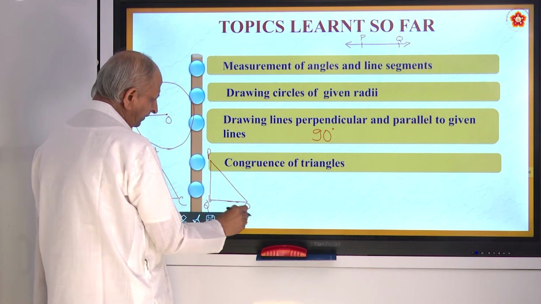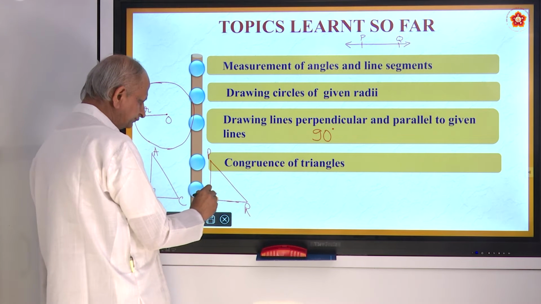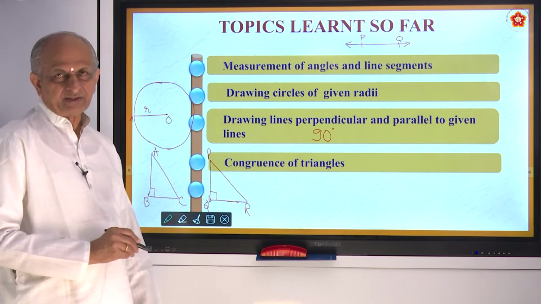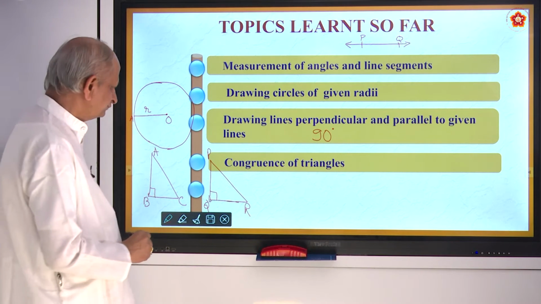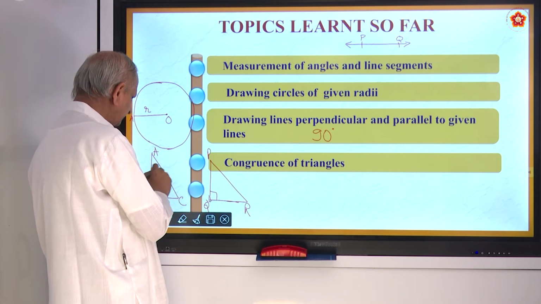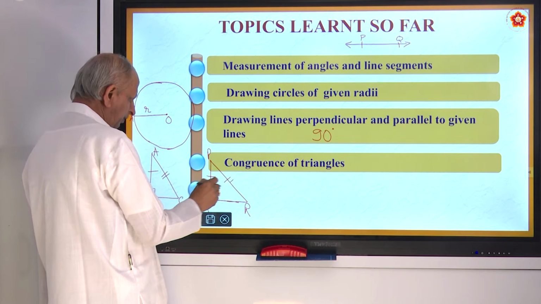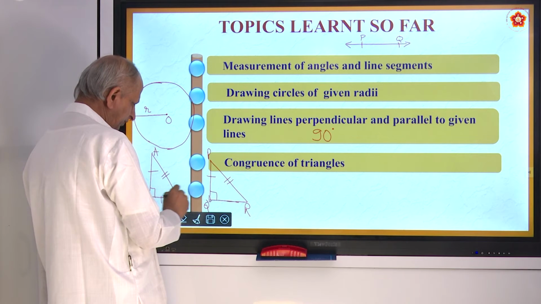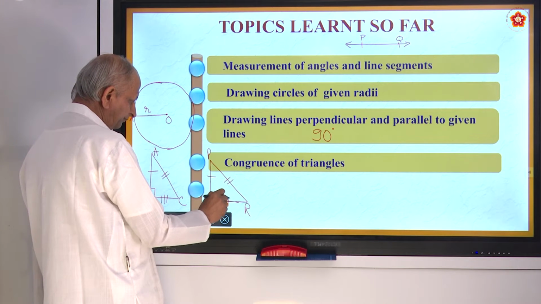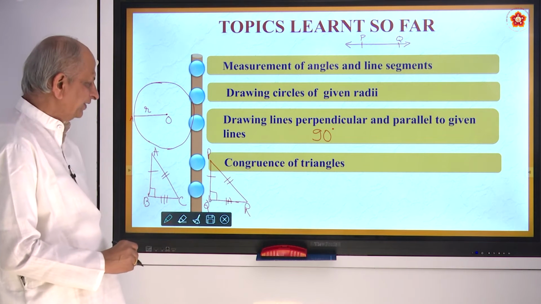And when will they become congruent? There are conditions, is it not? When the three sides of one triangle are equal to the three sides of the other triangle, we say the two triangles are congruent.